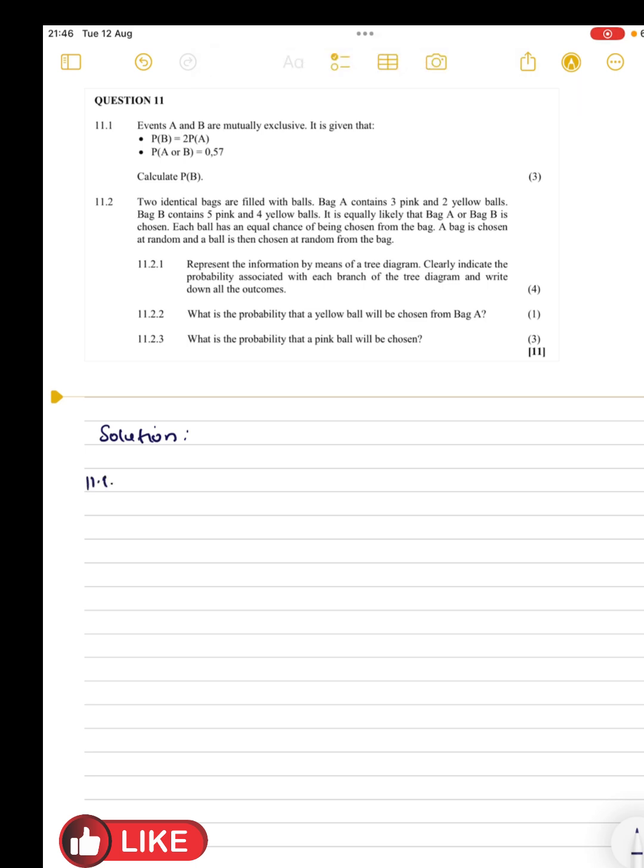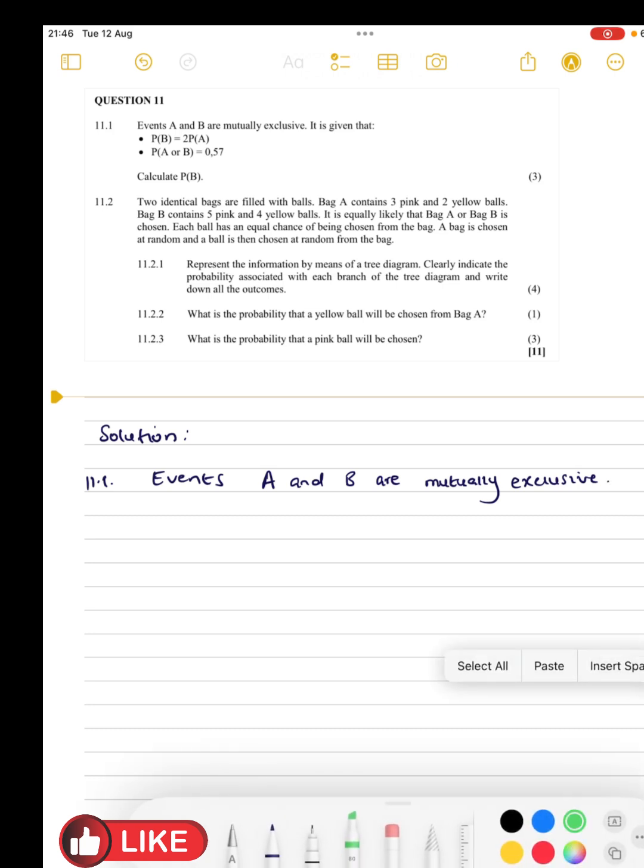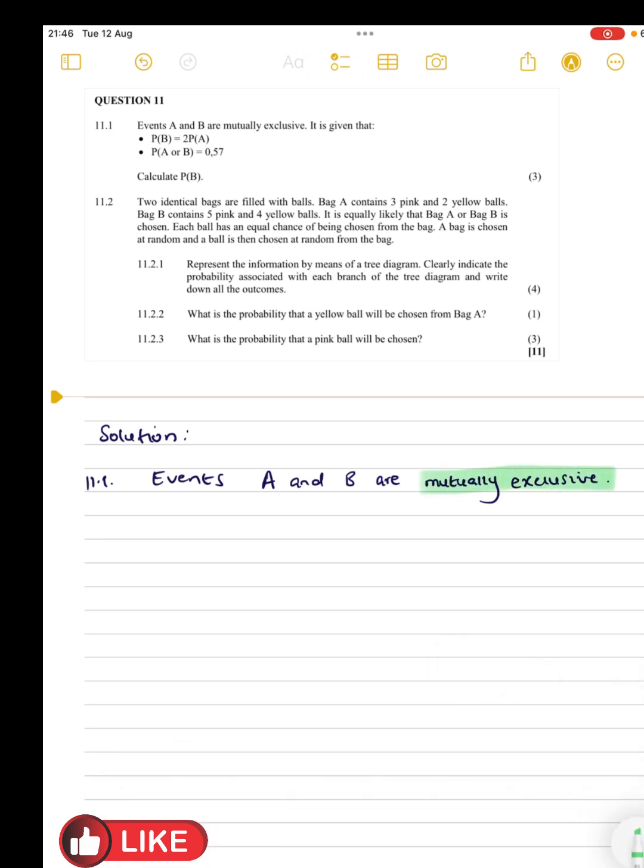11.1. First thing, you are told that events A and B are mutually exclusive. Before you even tackle this problem, you have to understand what is meant by the term mutually exclusive. If you don't understand mutually exclusive, that's why you'll be having the problem.